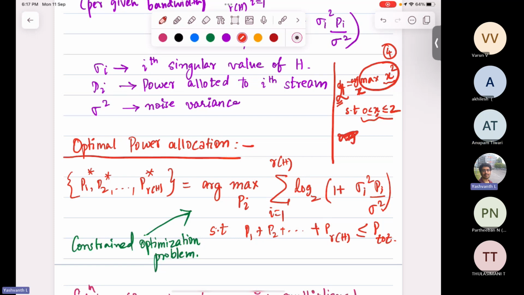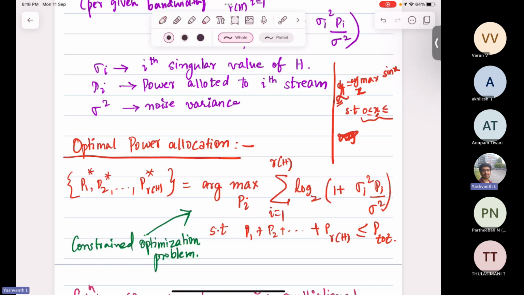Okay, let me give another example, maybe to check whether this is fine. Let's say not x square, maybe I will say sin x, and x lies between 0 to pi by 2. Can you now tell me what is max of sin x subject to the constraint when x lies between 0 and pi by 2? 1.